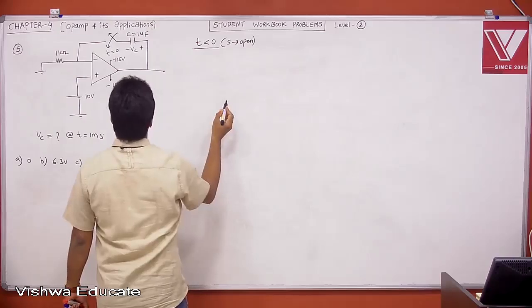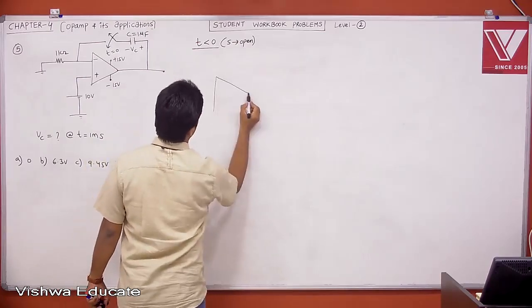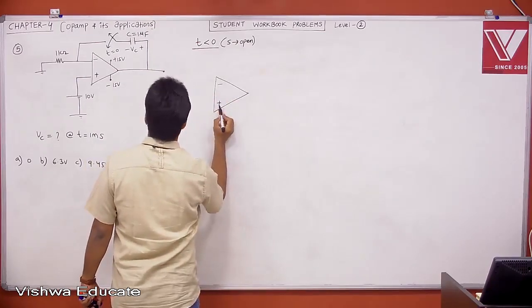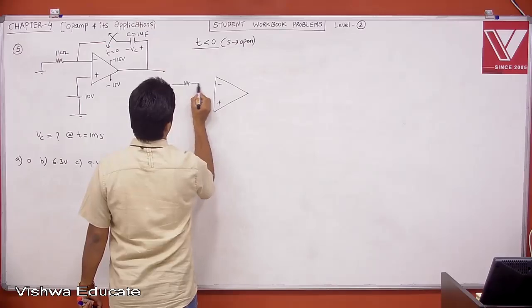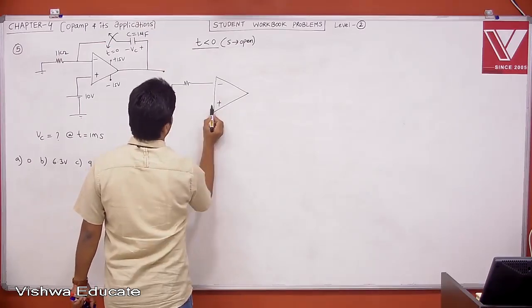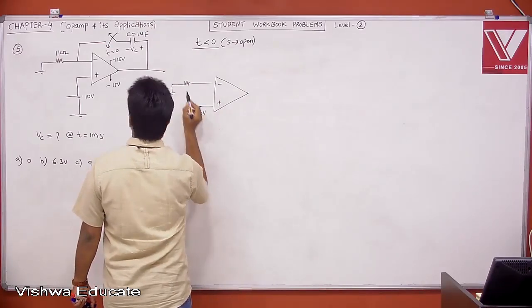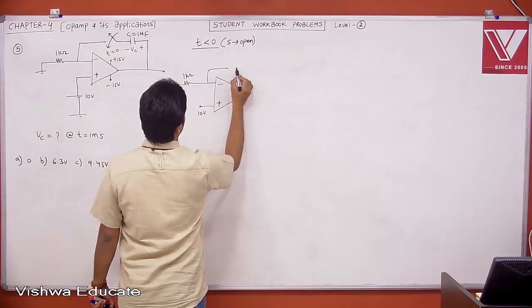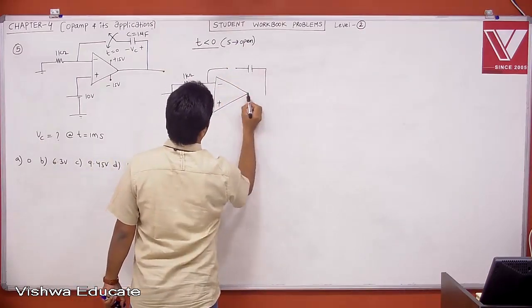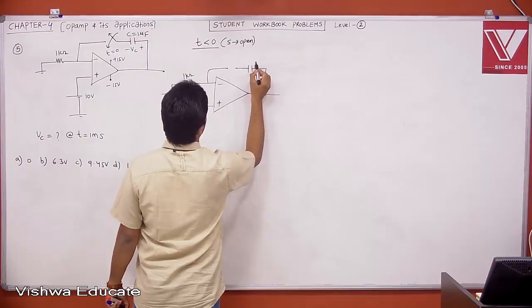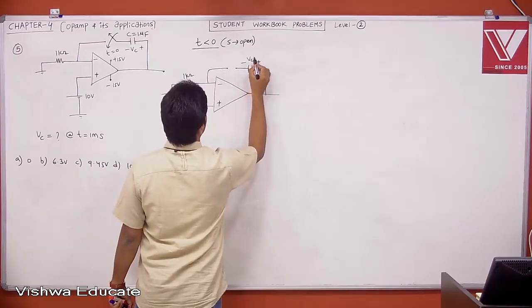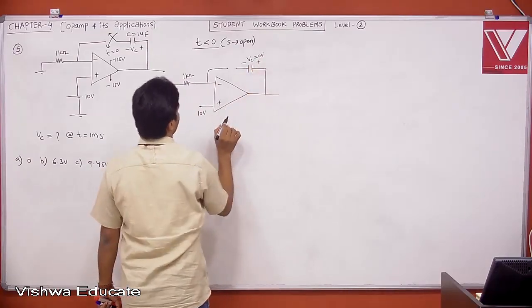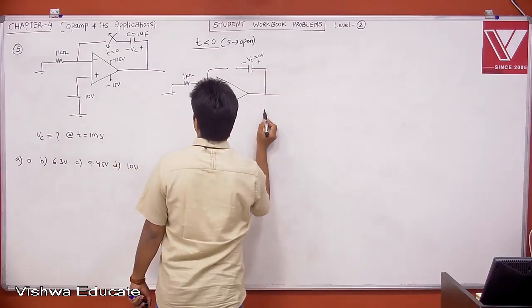When the switch is open, this is your circuit, minus, plus. This has 10 volts, just writing equivalently, and this is our switch. The switch is open but the capacitor is there. Initially the voltage across the capacitor is 0. Therefore Vc is equal to 0, the initial voltage. It is uncharged, that is what is given.